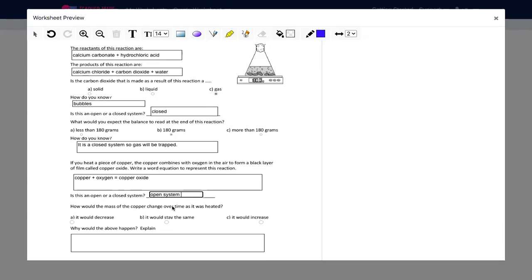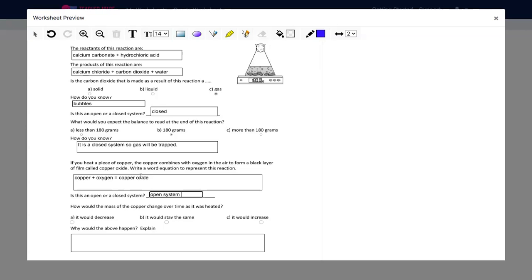So how would the mass of the copper change over time as it was heated? Well, keep in mind, this oxygen is coming from the air and it's reacting with the copper atoms in a copper wire, and you're getting a new compound that is copper oxide.